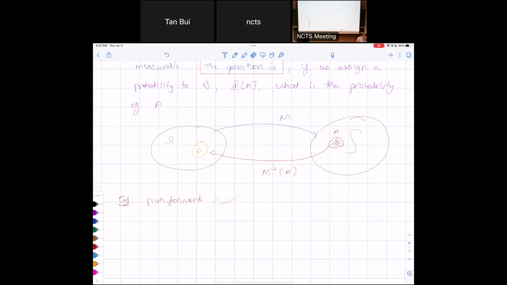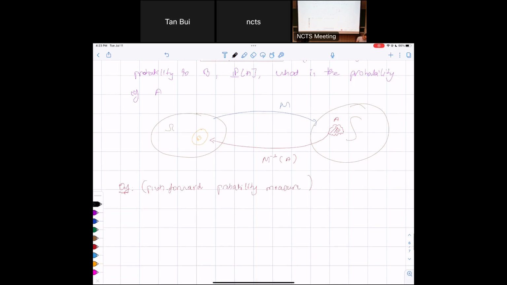Probability measures. There are many notations, but this is one of them.